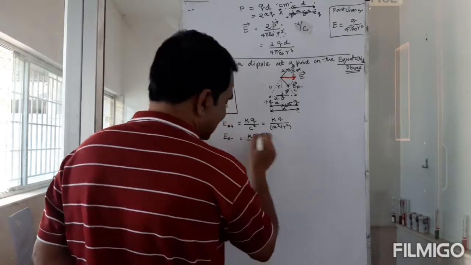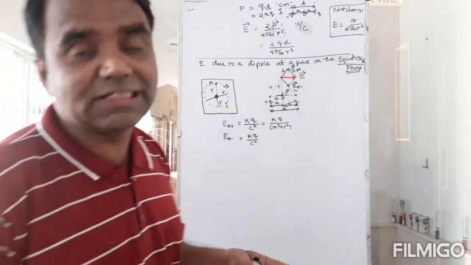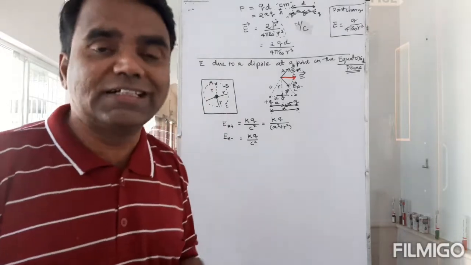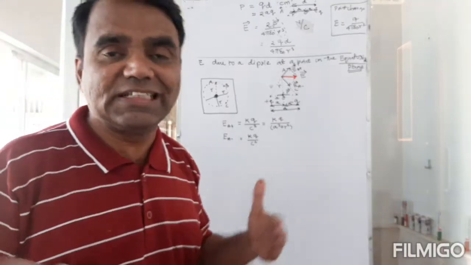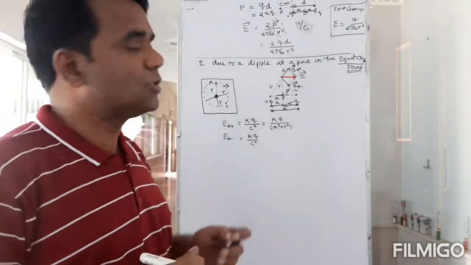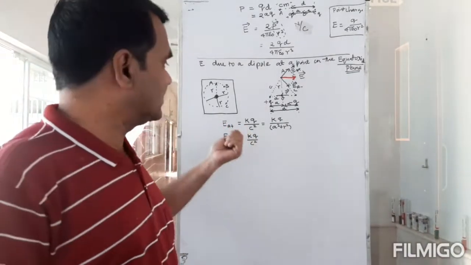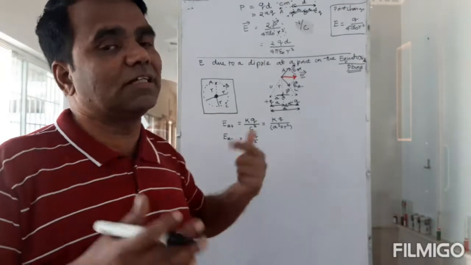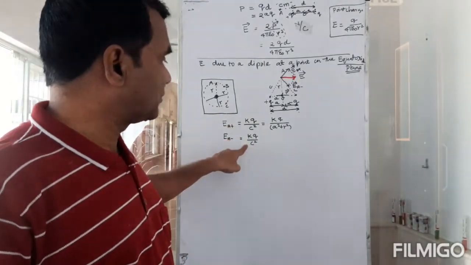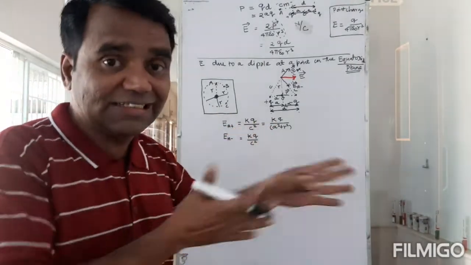But now I'm going to have a negative sign. But what does the negative sign mean? The negative sign simply tells you that it's an attractive force, and beyond that it does not have any other significance in this case. I cannot take this number and subtract it, because they are not acting in the same direction.